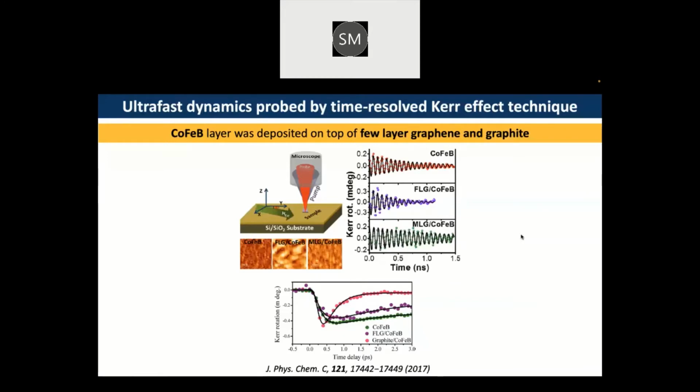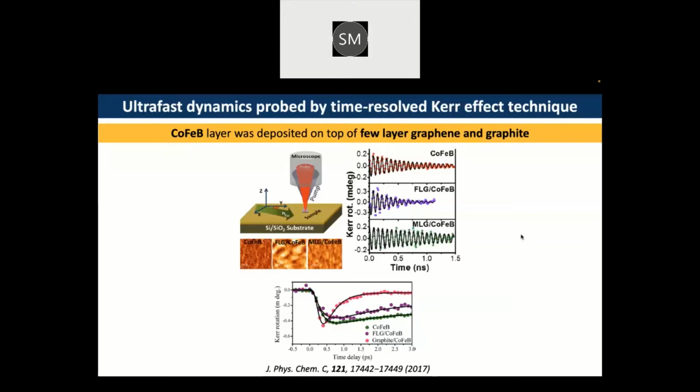Also, in longer timescale, for example, damping has been modified. They attributed this modulation to the p-d hybridization between graphite and cobalt iron boron interface. The interfacial roughness also plays a role, and possible angular momentum transfer from ferromagnet to the graphene layer is reported.